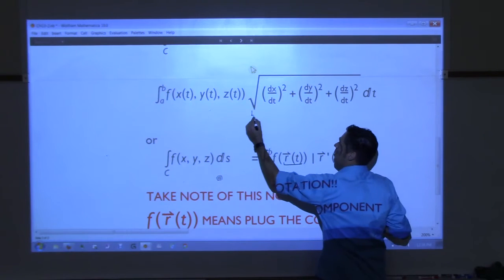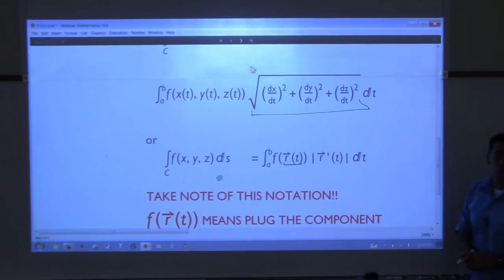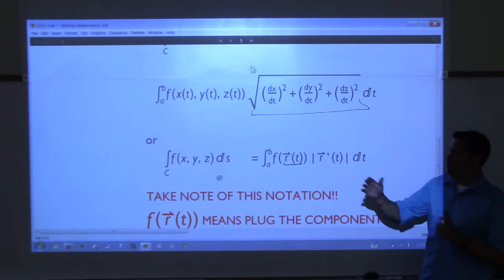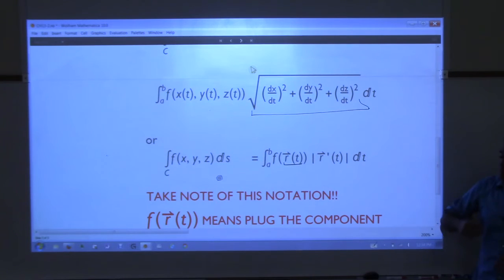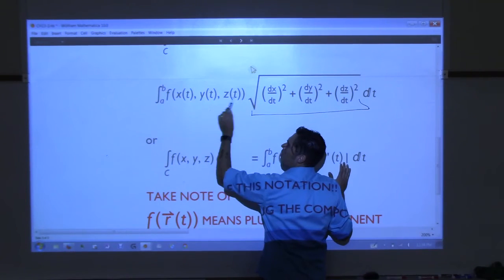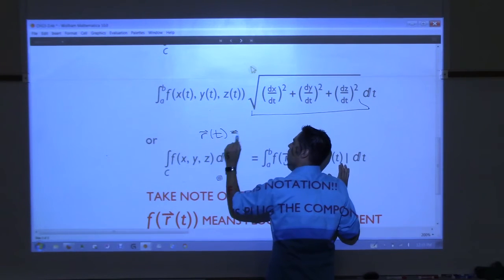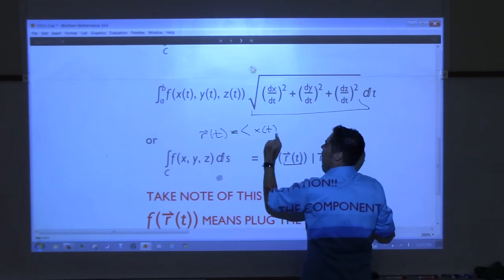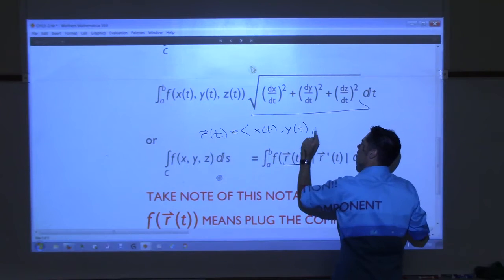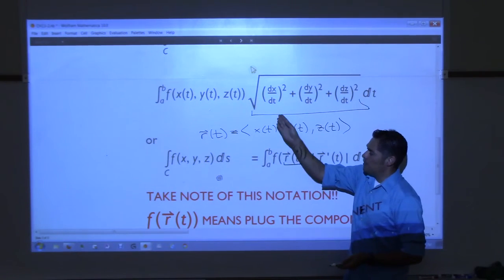And then this, if you go back and you look, when we were doing space curves, we said what's the length of it? If we took the derivative, so what would the derivative of this be? Of this right here, of a vector curve. If we have x of t, y of t, z of t. So this is a space curve. The derivative of this would be a vector, right?